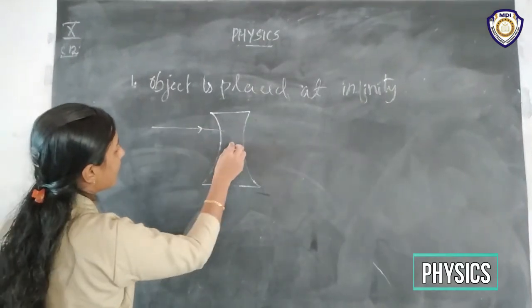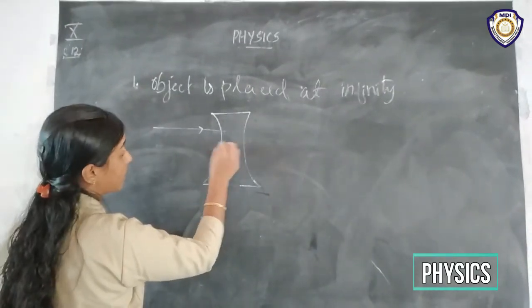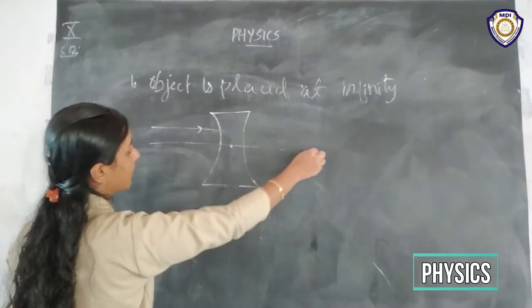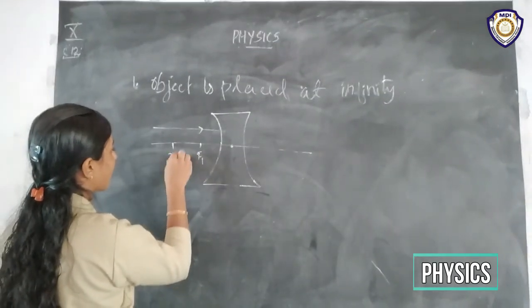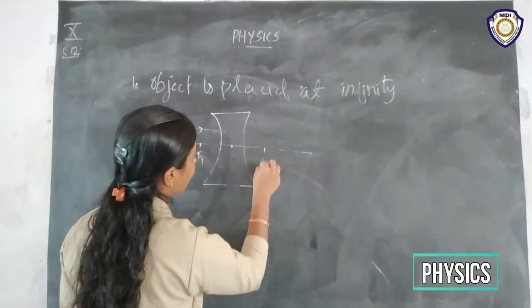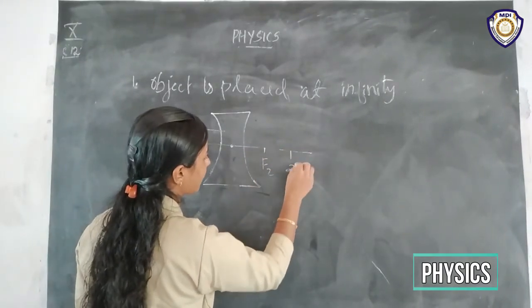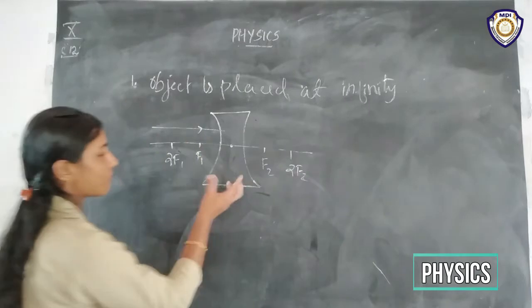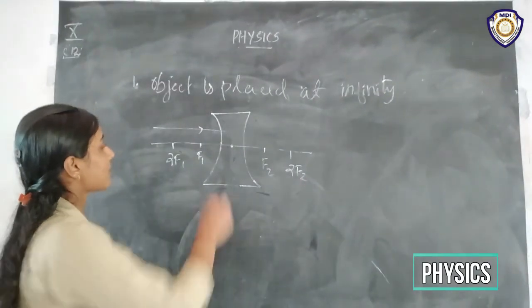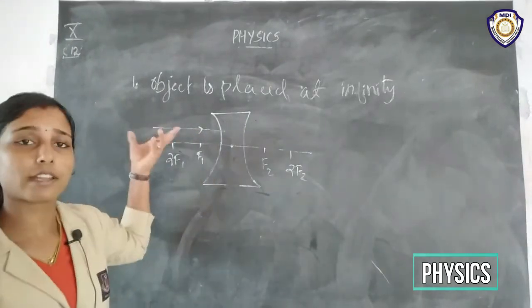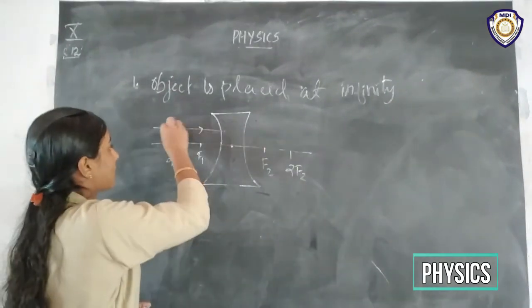Here we have the optical center and the principal axis. Here F1 and 2F1, here F2 and 2F2, the two principal foci and double of the principal foci, right? So the object is somewhere at infinity, so we can draw this.